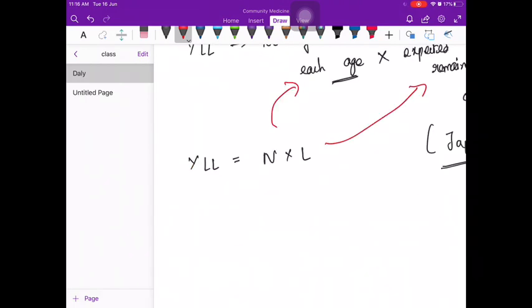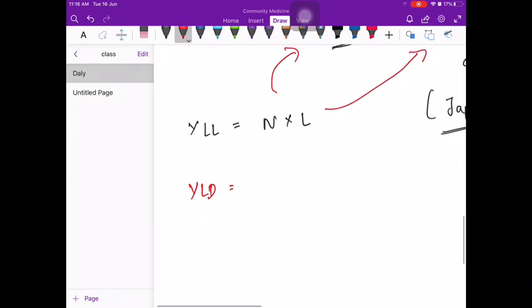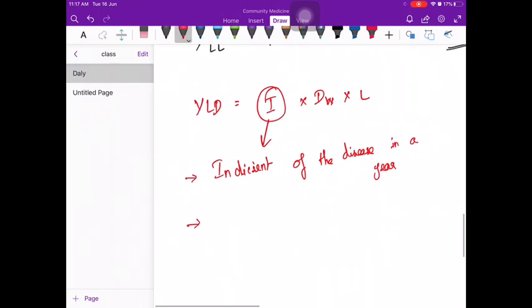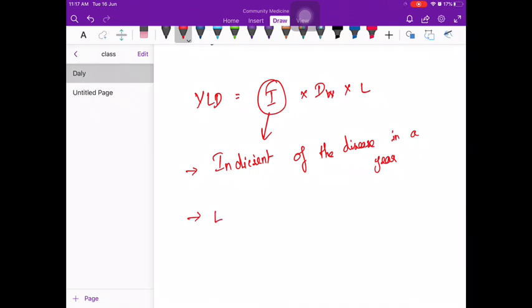Let us now see how YLD is calculated. YLD is calculated by a formula called I into DW into L, where I stands for incidence of the disease in a year, and L stands for duration of the disease until remission or death.